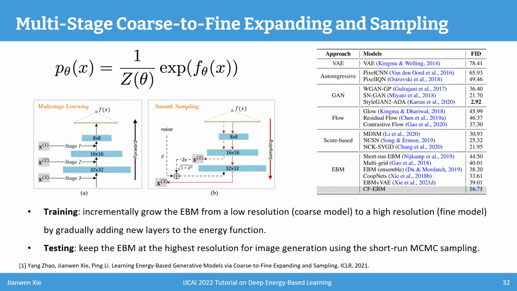Different from the multi-grid setting, in which we learn multiple EBMs at different resolutions simultaneously, the multi-stage setting only learns a single EBM at the highest resolution. The motivations of both multi-grid and multi-stage EBMs are to stabilize the learning and sampling of EBMs. But the multi-stage EBM might have fewer parameters, since it only keeps one energy function at the end.